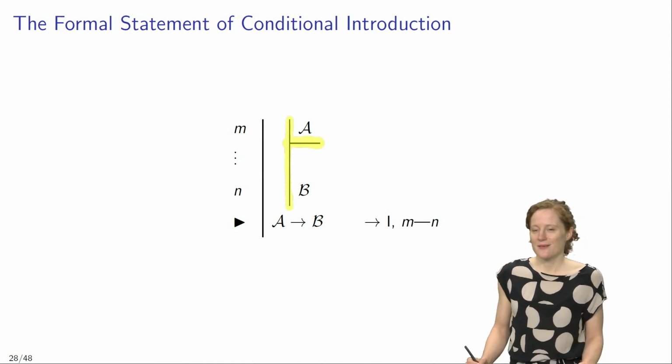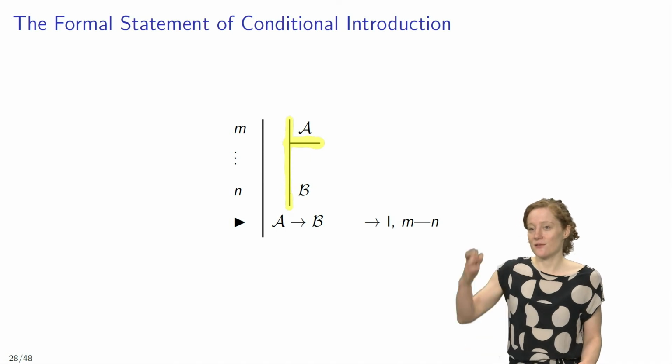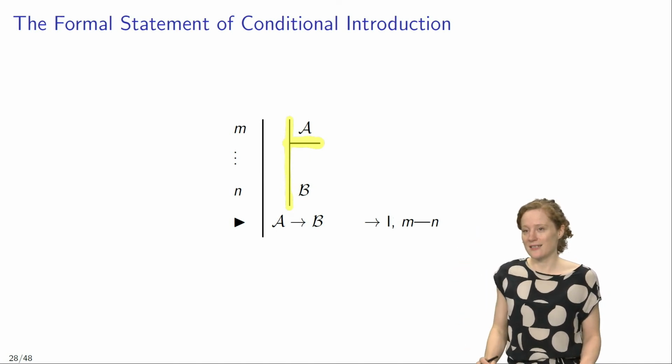So this second vertical line to the right of our main vertical line introduces a subproof into our main proof.